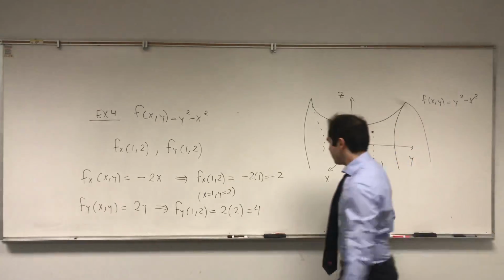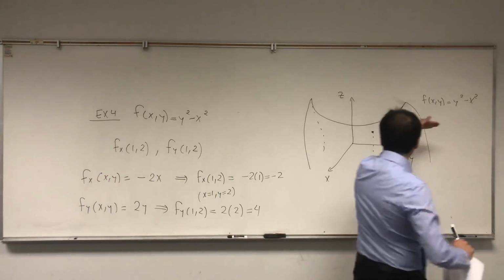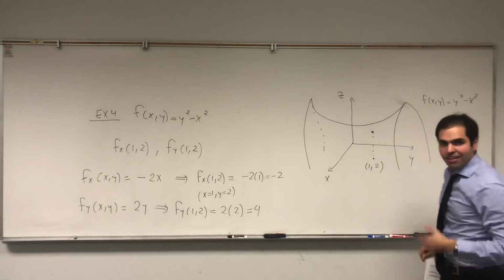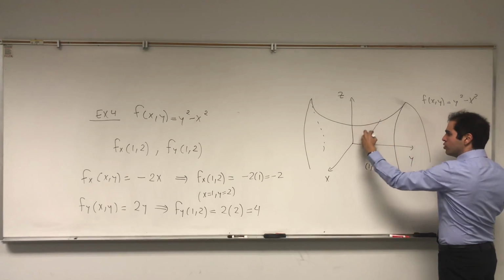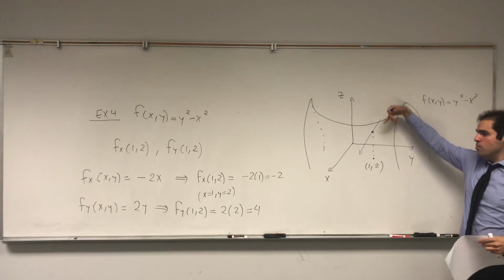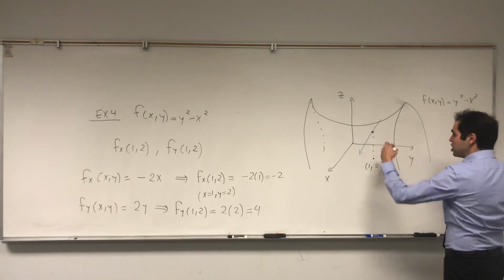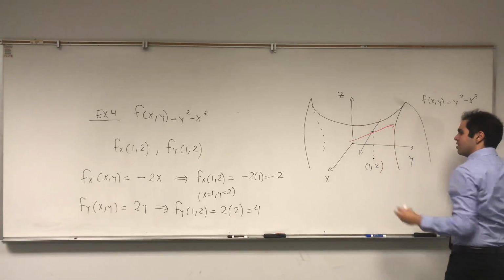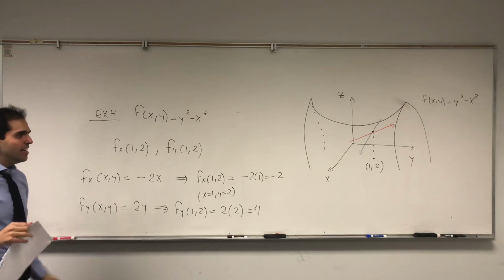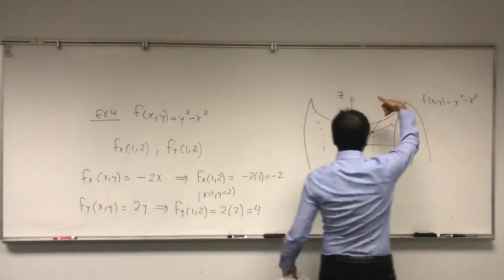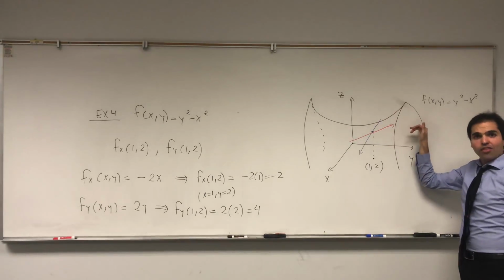This function more or less has two main directions, the y direction and the x direction. And notice there's something interesting happening. In the x direction, the function moves downwards. On the other hand, in the y direction, the function moves upwards. So we have two different phenomena, and more precisely, the function goes downwards at a certain rate and upwards at another rate.